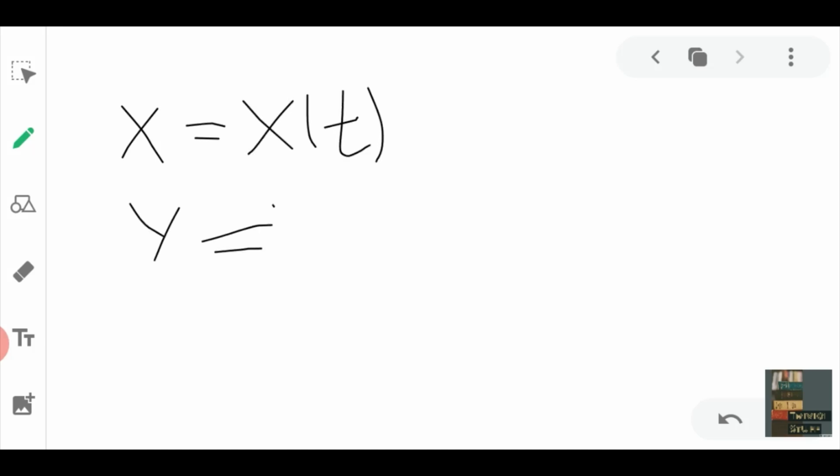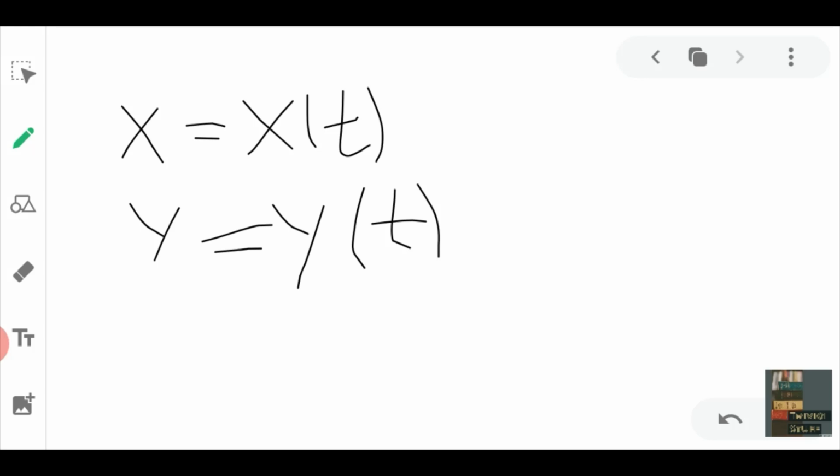Now we will show that the functional depends only on the curve in the xy plane defined by x equals x of t and y equals y of t, and not on the functions x of t, y of t themselves.